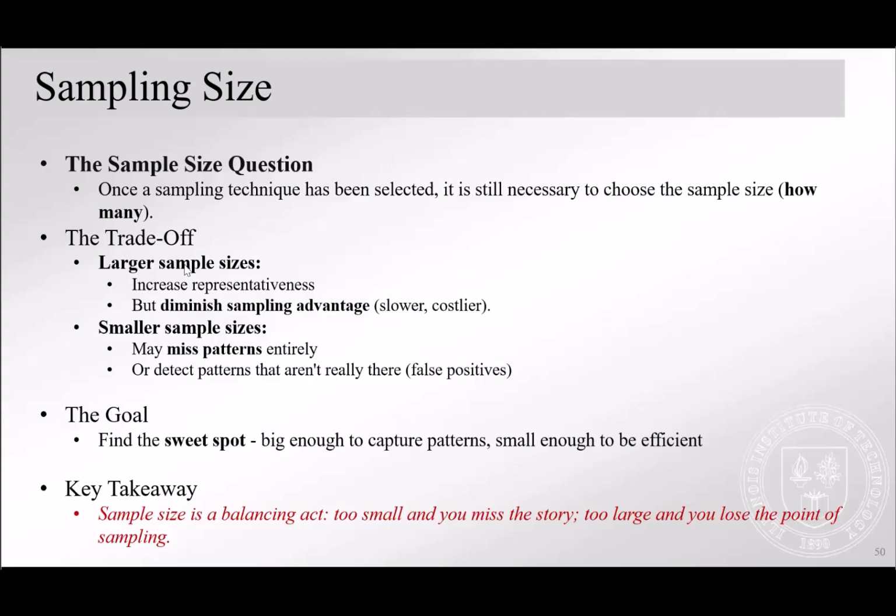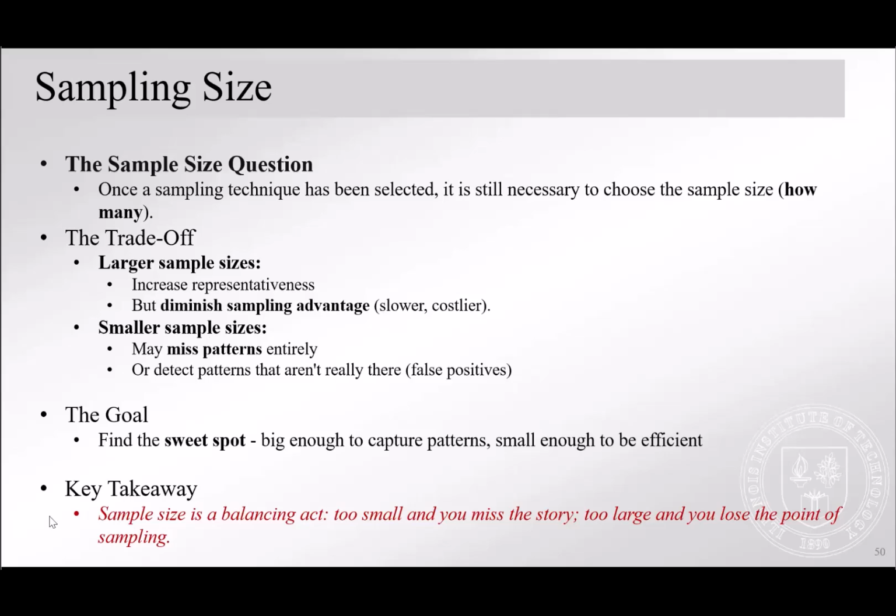If you sample 90% of the data, you are almost back to processing the whole thing, slower and costlier. Smaller samples are faster, but risky. You might miss patterns entirely, or worse, detect patterns that aren't really there, so you end up with a false positive from not enough data.